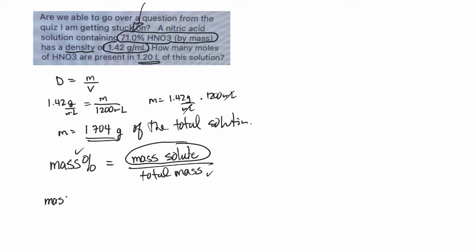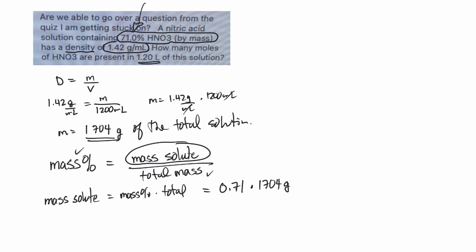So I can manipulate the formula for the mass of the solute because I know both of those. So the mass of the solute is equal to mass percent times total mass. Okay, so the mass percent is 71%. I'll just write that as a decimal. Times the total, I just got there, 1,704 grams.